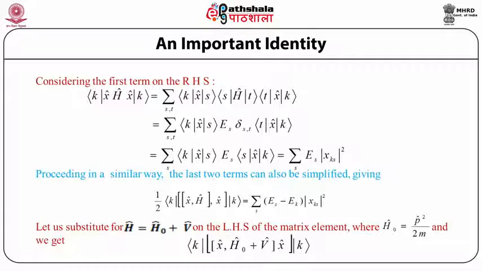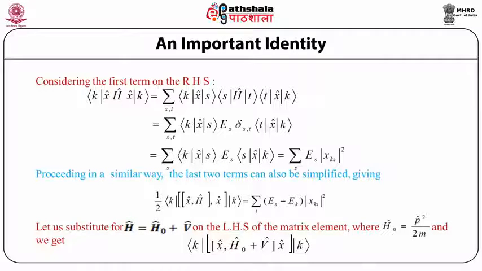Proceeding in a similar manner, the last two terms can also be simplified, giving half bra vector k, commutator of operator x, operator H with operator x, ket vector k is equal to summation over s of (E_s minus E_k) modulus whole square of x_ks.